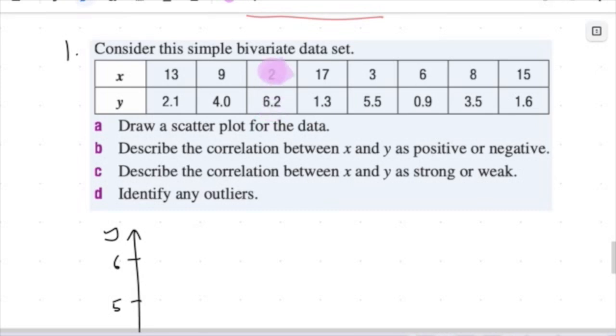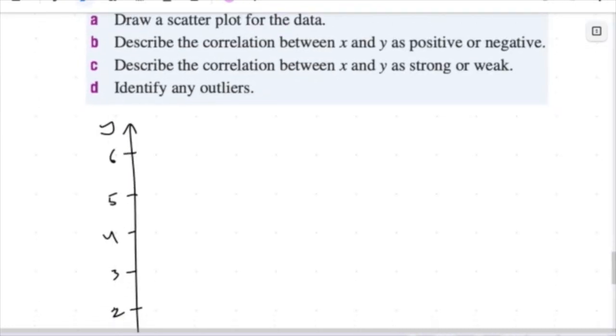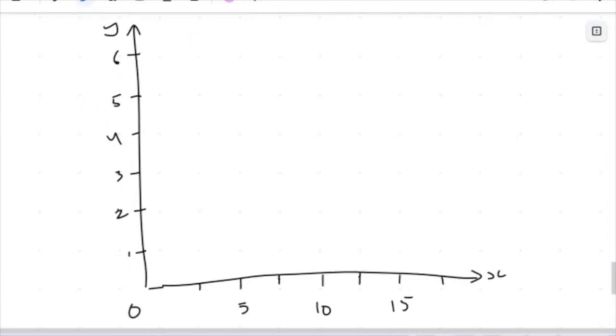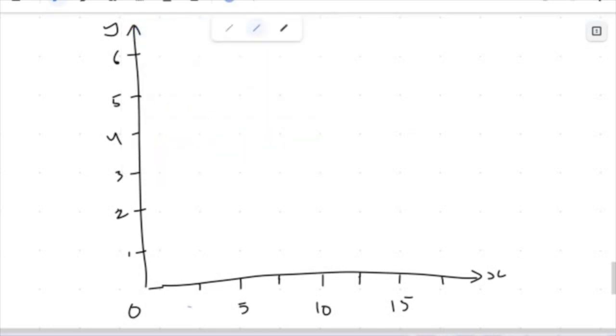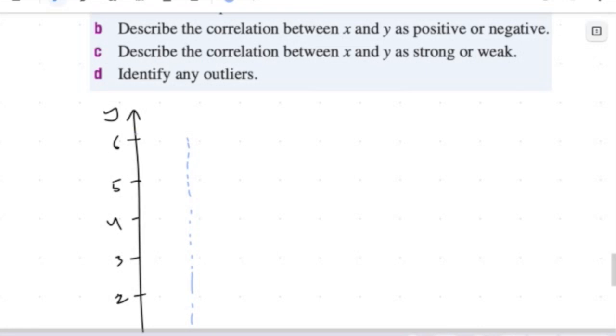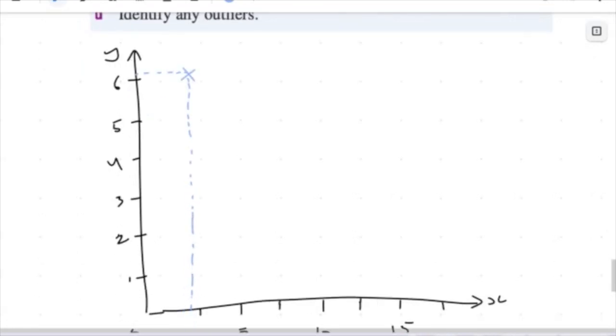We have 2 here, and the y coordinate there is going to be 6.2. So my x is going to be about here, because this is going to be about 2.5 between 0 and 5. So we're going to go down about here and draw up, and where we have 6.2, which is roughly here, that's where our first point is going to go.